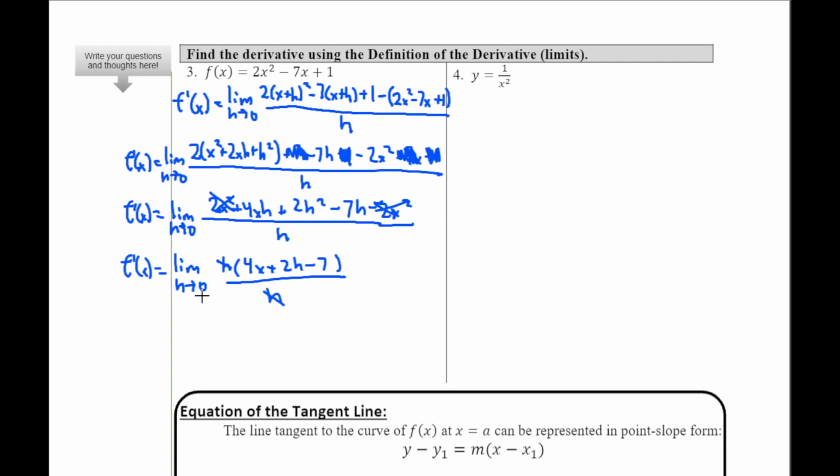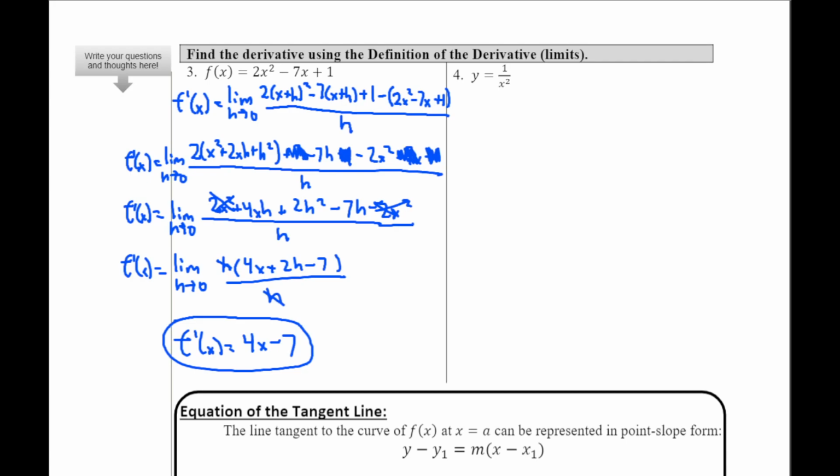And then you can just plug in 0 for h here for direct substitution. So f prime of x is just equal to 4x plus 0 minus 7, or 4x minus 7. Again, there's a lot of algebra and computation here. So please, please, please ask your teacher if something is confusing here. We're going to do another example right here.